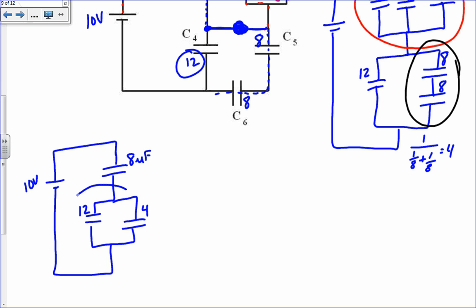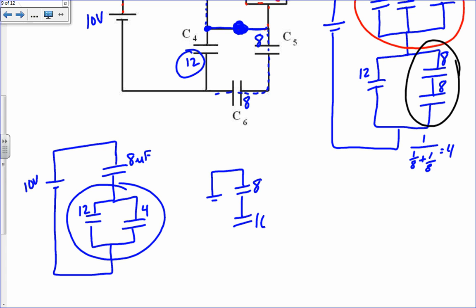Now I can combine these 2. 12 plus 4 is 16. I have an 8 and a 16 that are obviously in series. Combine those 2: 1 over 8 plus 1 over 16 gives 16 over 3, which is 5.3 microfarads.